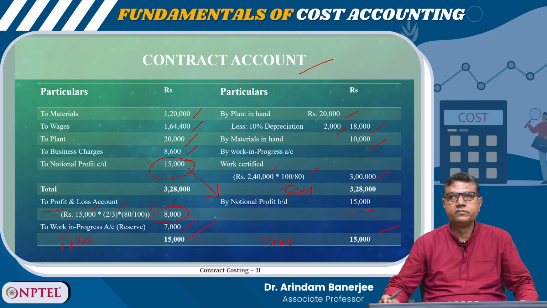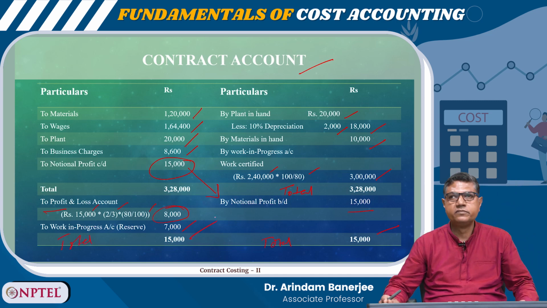If I calculate the balancing figure, it is coming to 30,000, which is the notional profit. So, this is the notional profit carried down, 30,000. This 30,000 I am carrying over here, right, and out of that in the P&L account I am transferring 20,000. So, the rest, the balancing amount, 10,000, is going to work in progress.